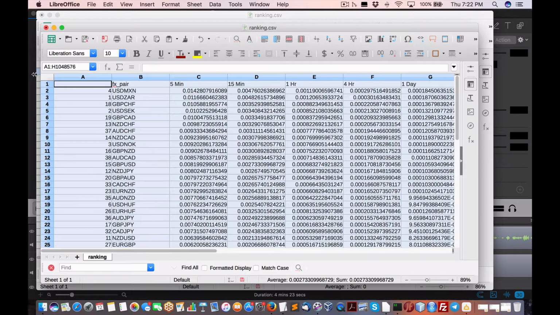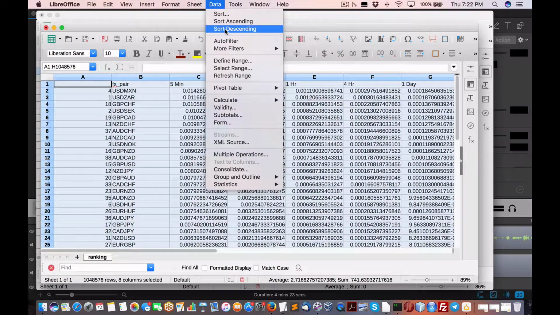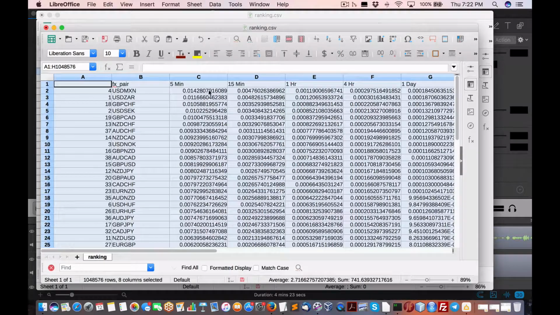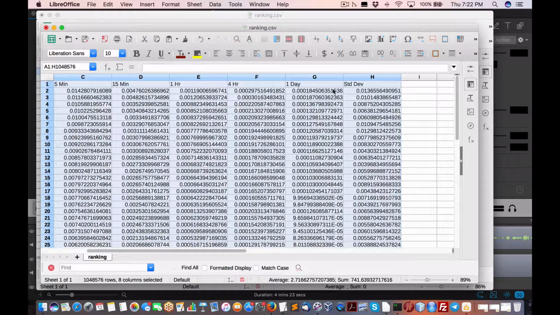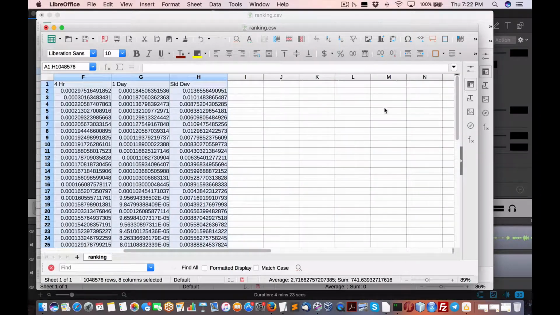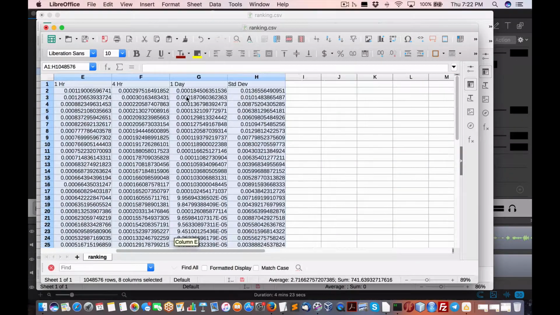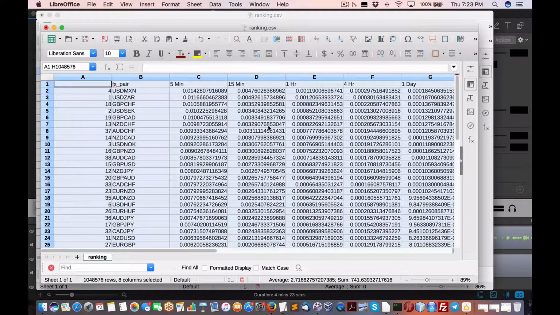When you look at the more volatile, let me show you the periods. You've got 5 minute, 15 minute, 1 hour, 4 hour, 1 day, and then the standard deviation for the last day's worth. Again, we're using the same data on 1 minute charts, so nothing's changed there.